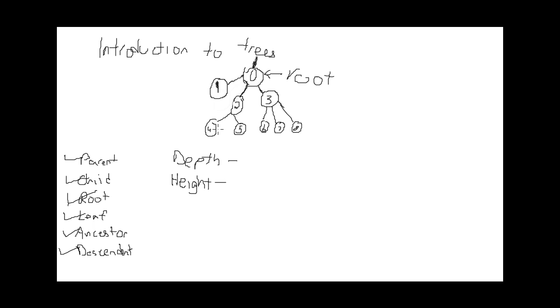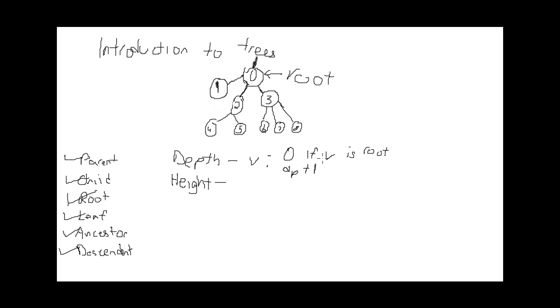Well, basically depth is defined as, for any node, say V, depth is 0 if V is root, and if V is not root, then the depth of V is the depth of its parent plus 1. So depth of parent plus 1.